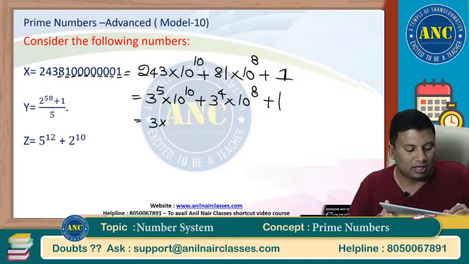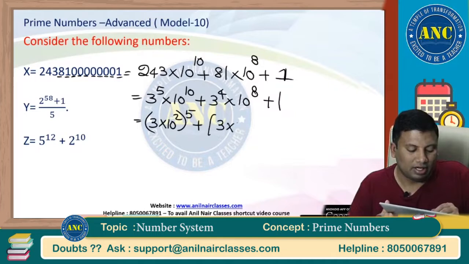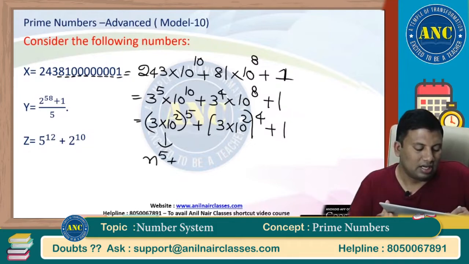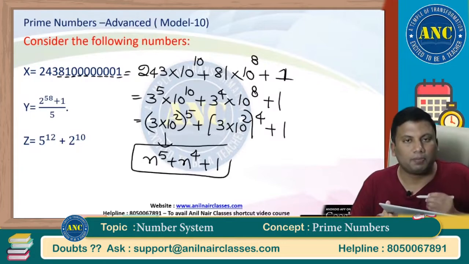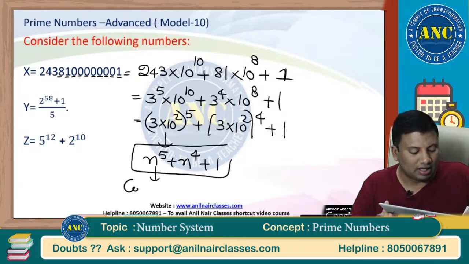This is nothing but (3 into 10 square) power 5 plus (3 into 10 square) power 4 plus 1. 3 into 10 square is n. N power 5 plus n power 4 plus 1. The number is always a composite number.